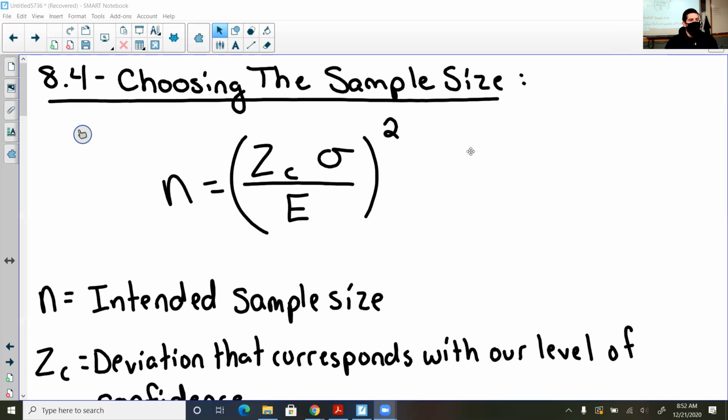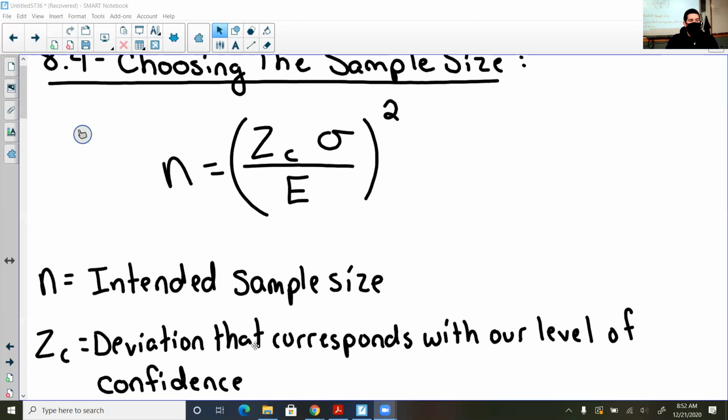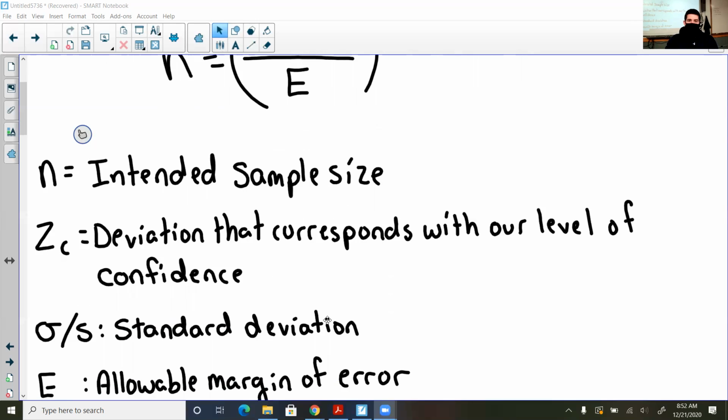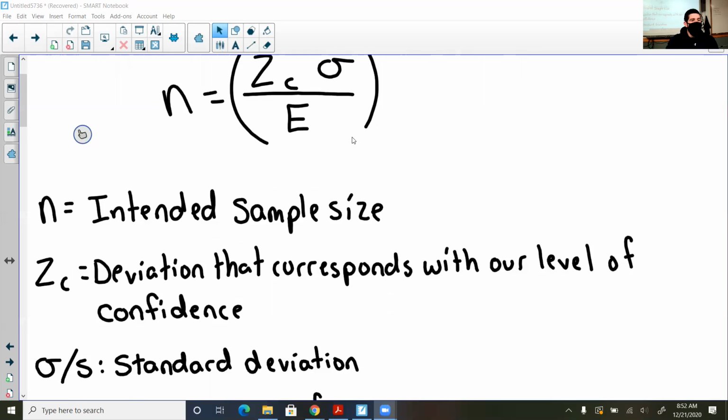So what we have here is the formula for finding the correct sample size. We have n equals, and then the z sub c, again, is our deviation that corresponds with our level of confidence. Our sigma is going to be our standard deviation. So that can either be sigma or it can be s, depending on the information that we have at hand.